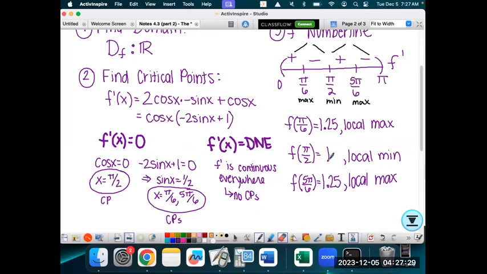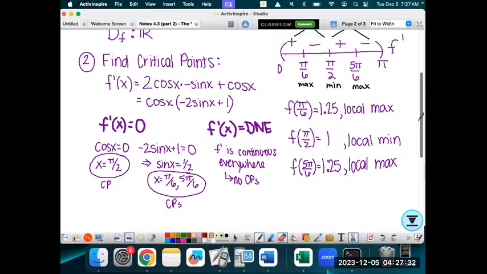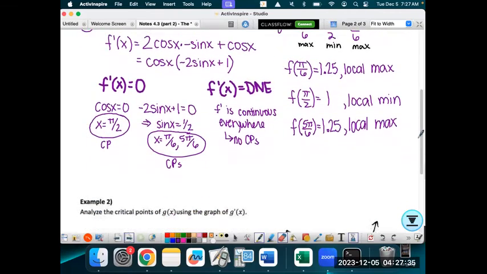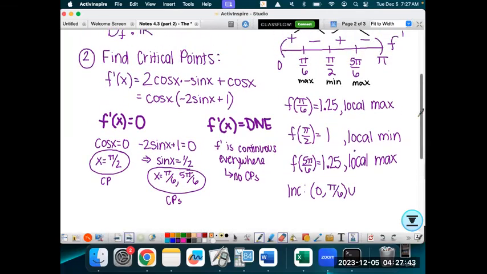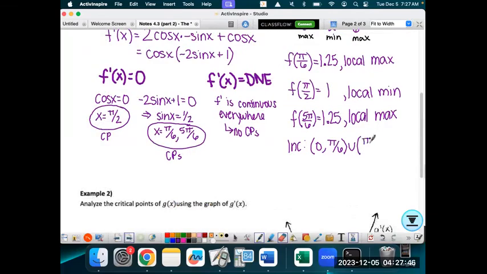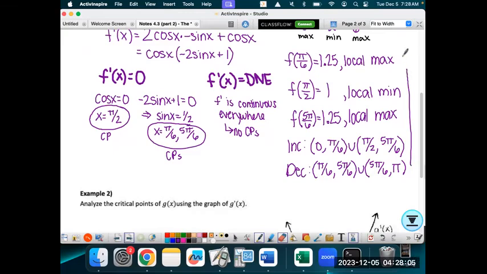So we are increasing on the positive intervals, decreasing on the negative intervals. So 0 to pi/6, union pi/2 to 5 pi/6. Decreasing on the opposite intervals. And here is our nice long answer.